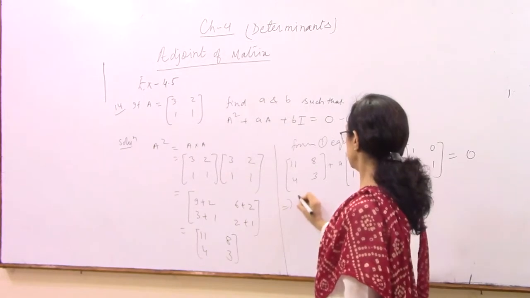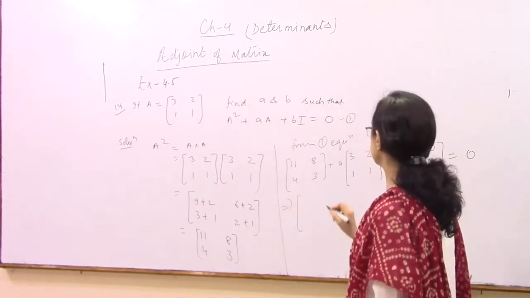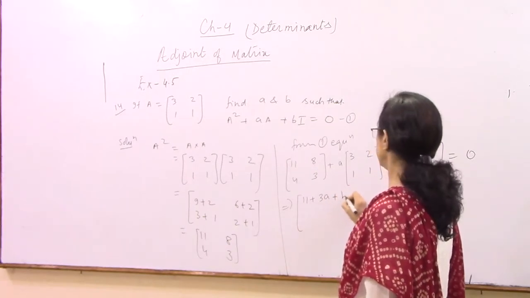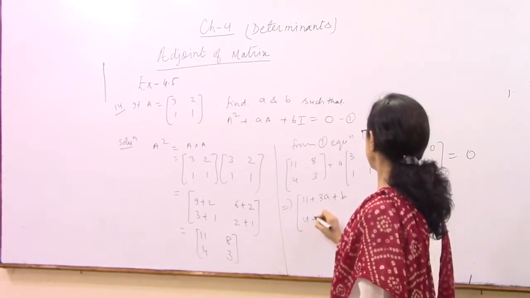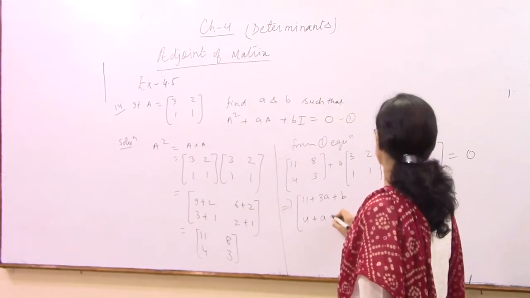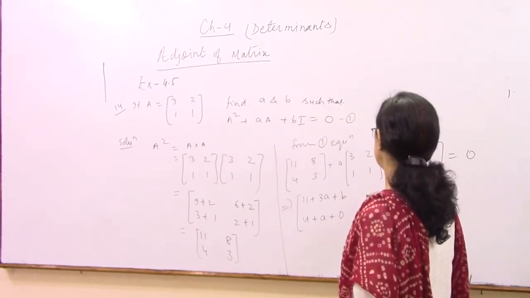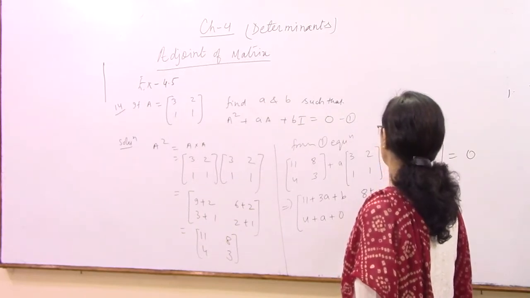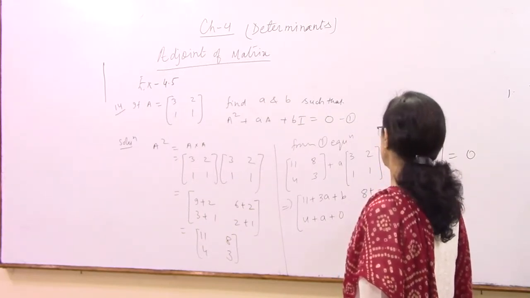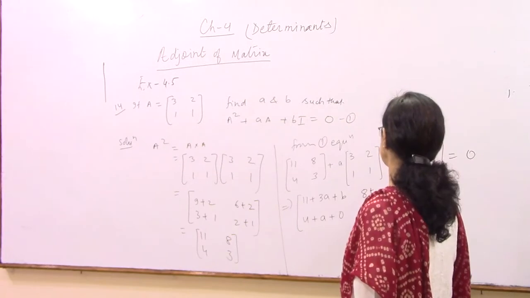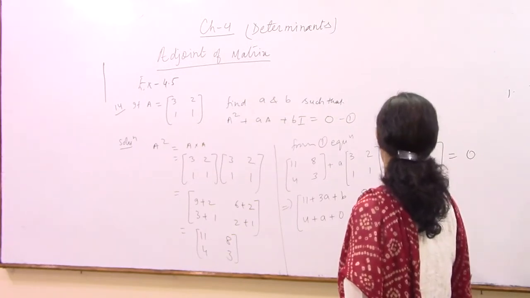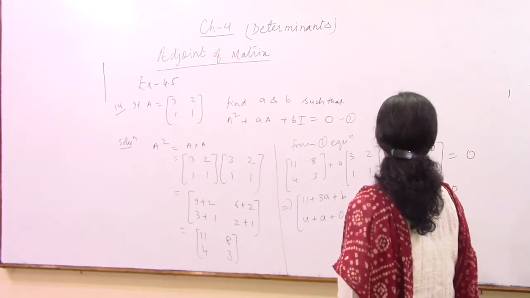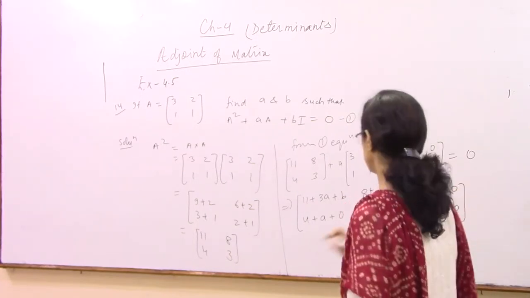Now adding the 3 matrices, we have 11 plus 3a plus b, then 4 plus a plus 0, and the last row 8 plus 2a plus 0 and 3 plus a plus b, equal to null matrix of order 2 by 2, that is [0, 0; 0, 0].